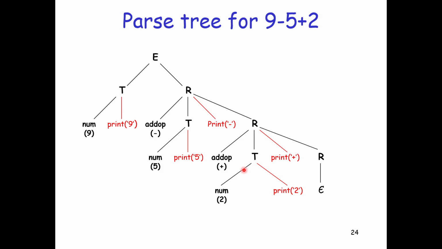Then move to the leftmost child, 2, again provided by the lexical analyzer. Then the rule corresponding to it prints 2. Then you move upwards to the next child. That is print plus, which is a semantic rule that will be evaluated. After that, move to this one; there is no rule corresponding to it. So what we have obtained as output is 9, 5, minus, then 2, then plus.